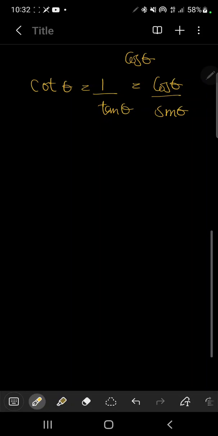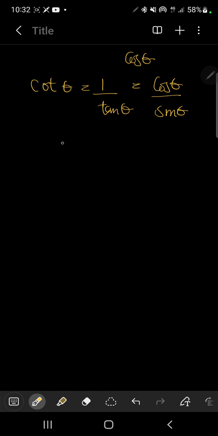It is important to note that the way each trig function and its reciprocal behaves in each quadrant differs. So let us quickly run through all these four quadrants.